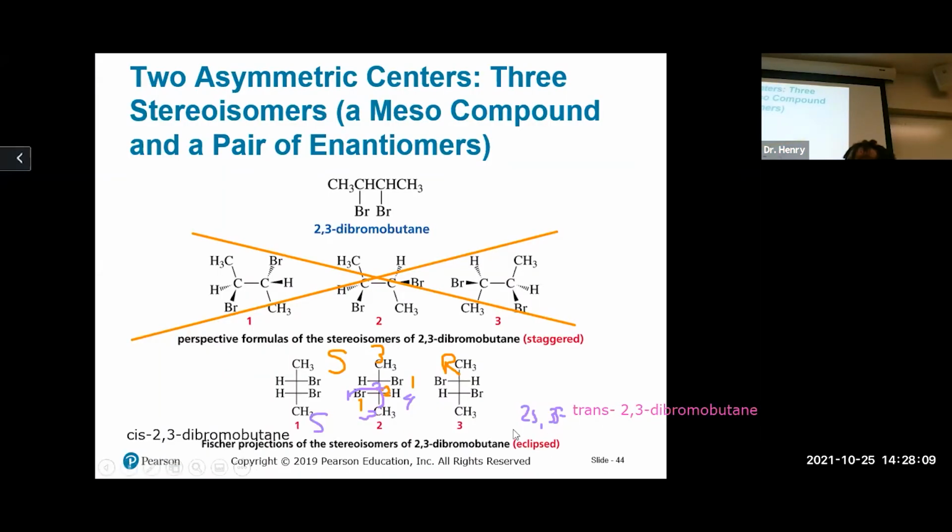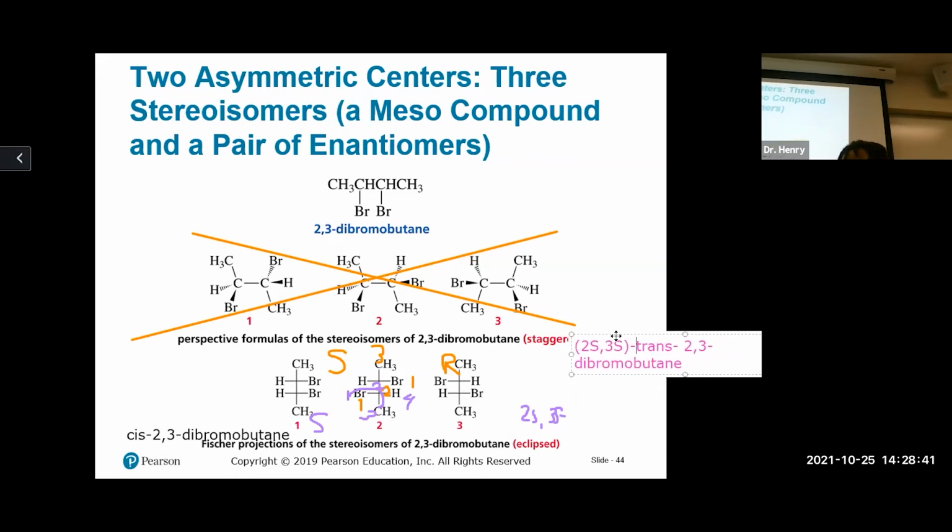Okay, so actually let me type it up. The other one by default is going to be RR. So it's going to be parentheses 2S, 3S, dash trans. And this guy is going to be RR, so it's going to be 2R, 3R.